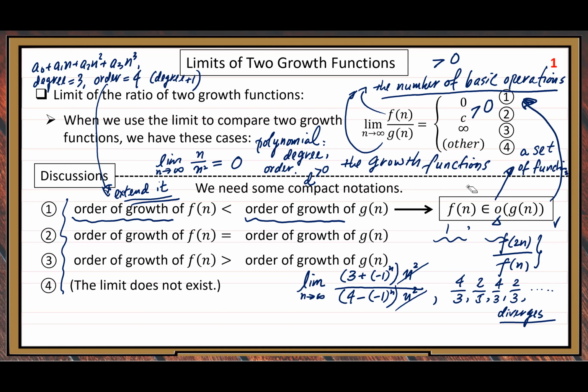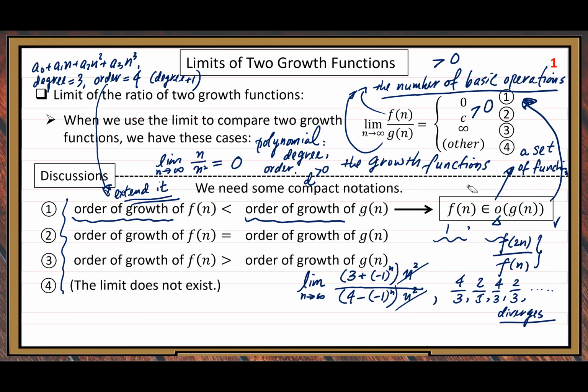What are those functions in this set? For all those functions, when you take the limit of one of those functions over g of n, that limit goes to 0.